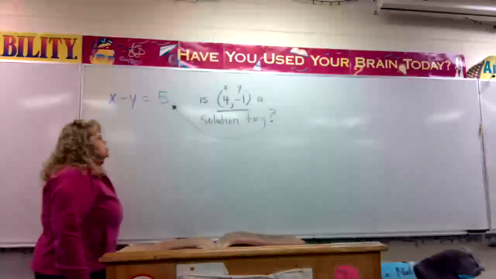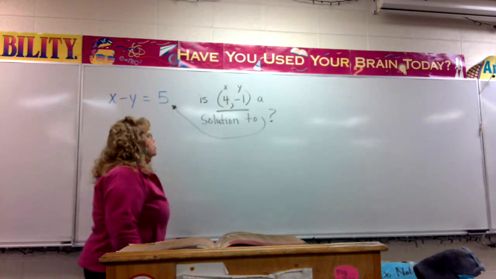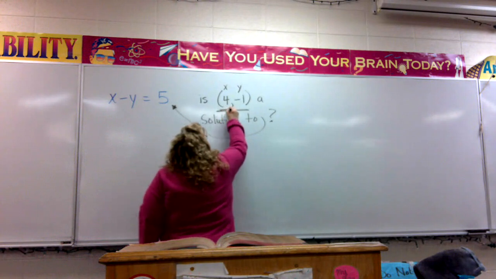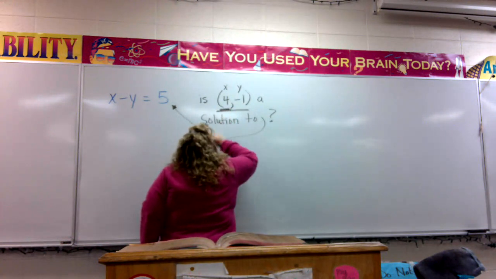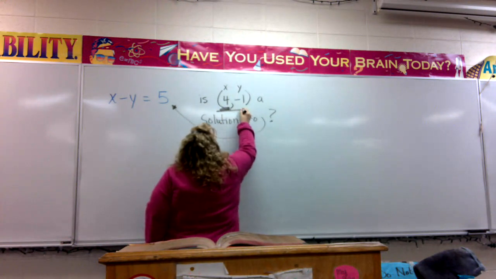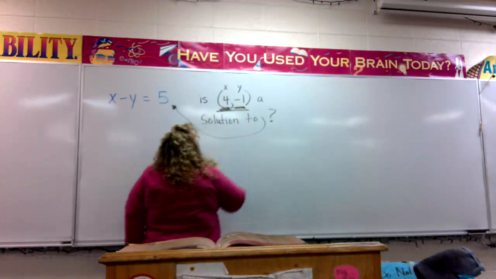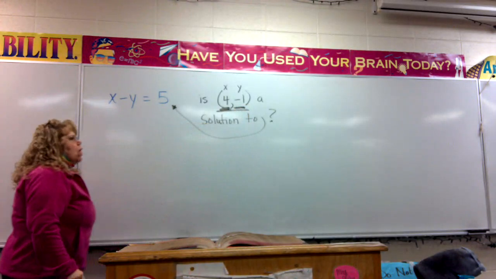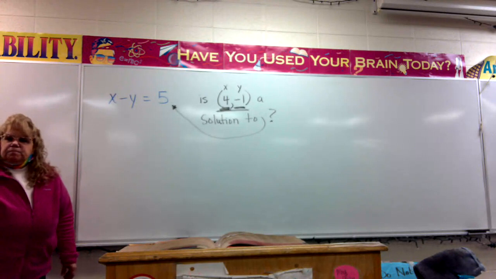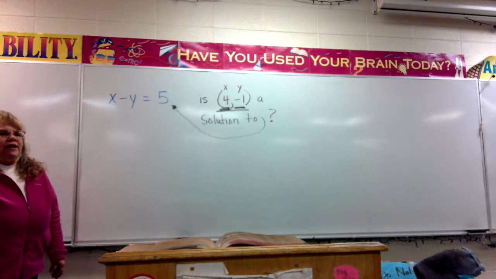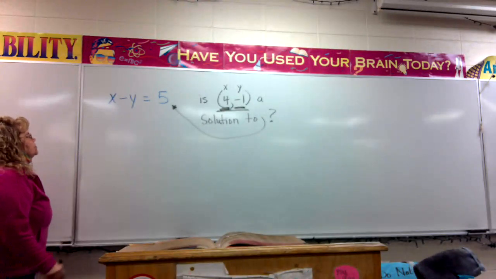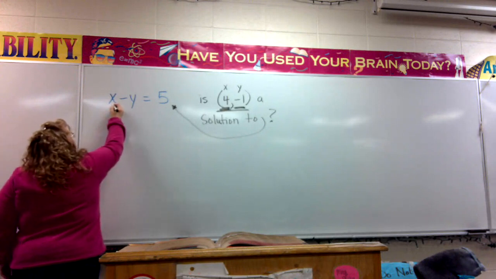So if we want to know if it's a solution, we're going to plug this value in for x. X is 4. And we're going to plug that value in for y. Y is -1. And we want to know if we get a true statement. So what is x?